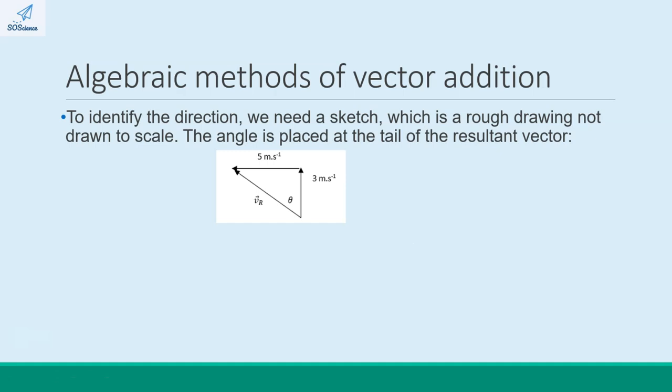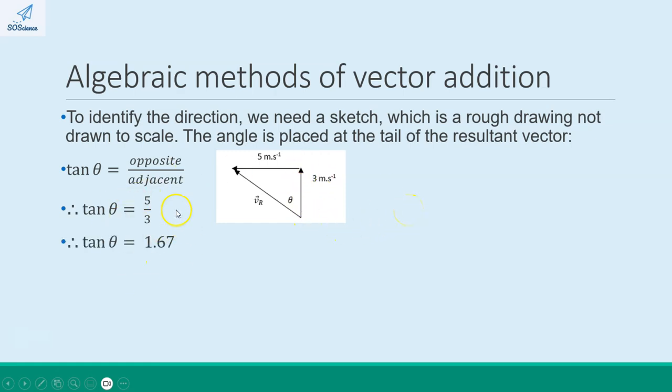To identify the direction, we absolutely need this sketch, and the angle is placed at the tail of the resultant vector. And we're going to use tan theta equals opposite over adjacent. So tan theta is equal to 5 divided by 3.